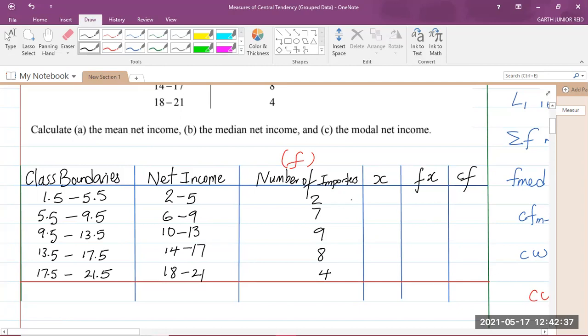So x is the midpoint. In order to calculate the midpoint, we add the lower and upper class boundary and divide by 2.